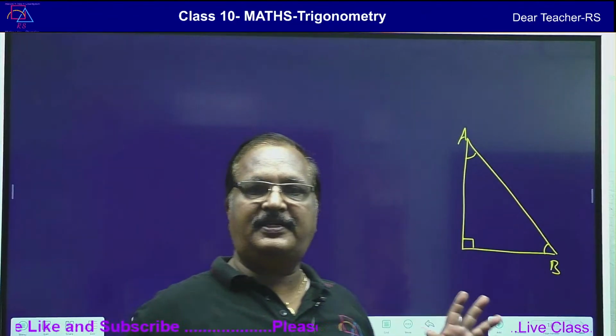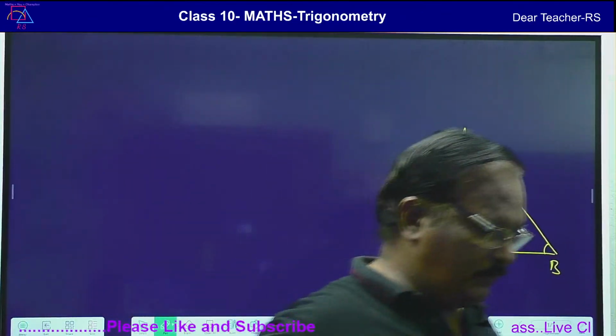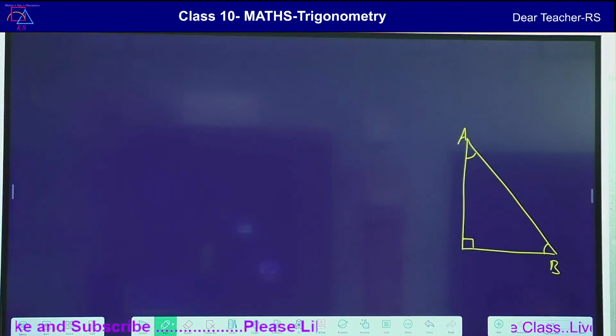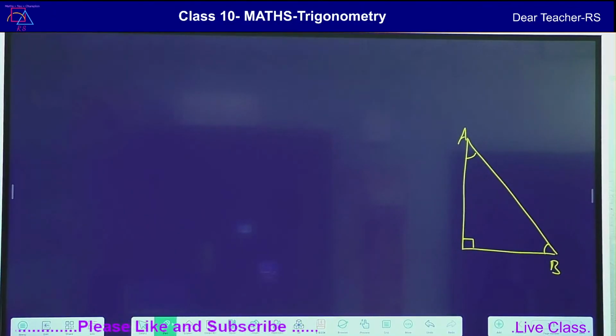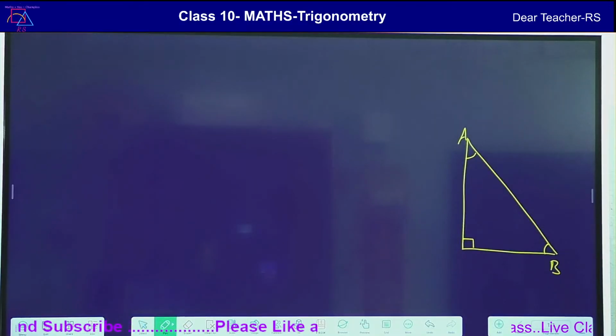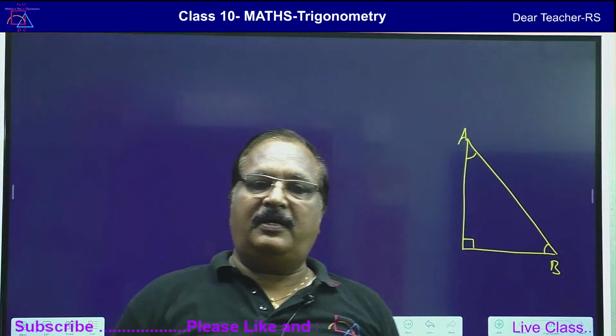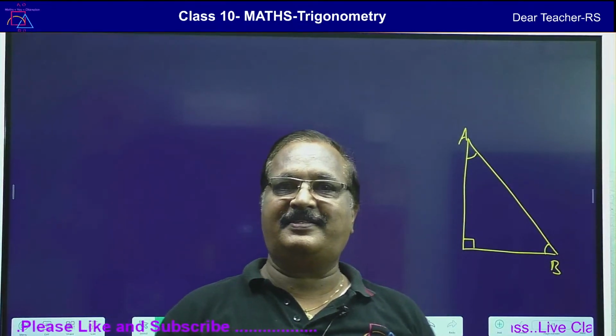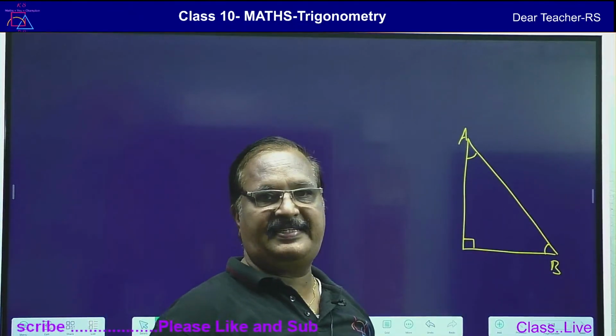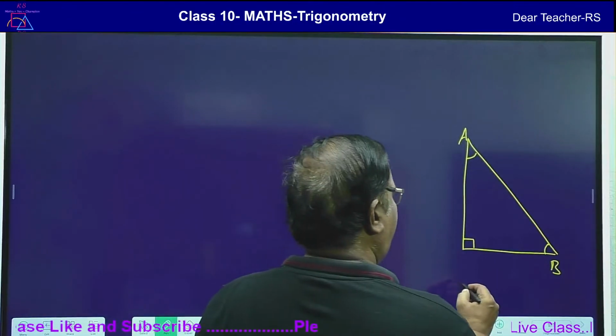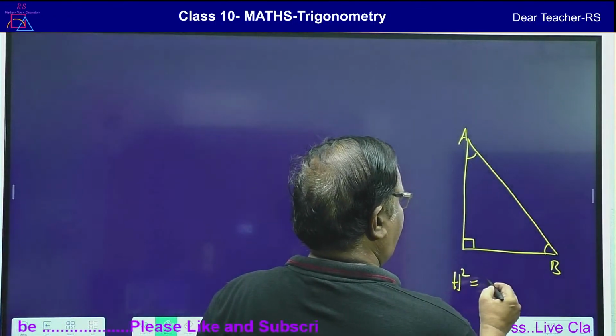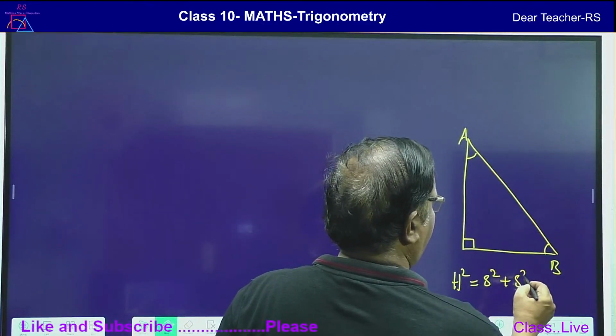We know the relation through the Pythagoras theorem, that means the relation between the sides. Hypotenuse square is equal to side square plus side square. This is the Pythagoras theorem.